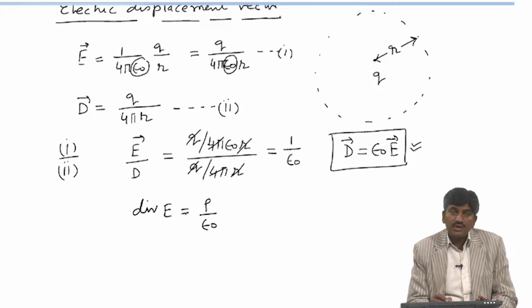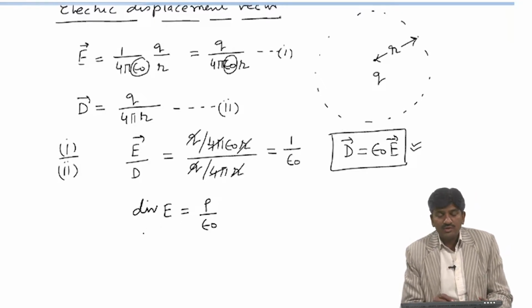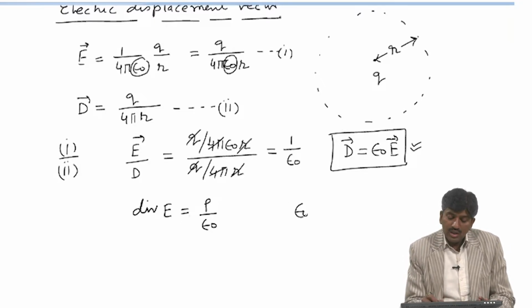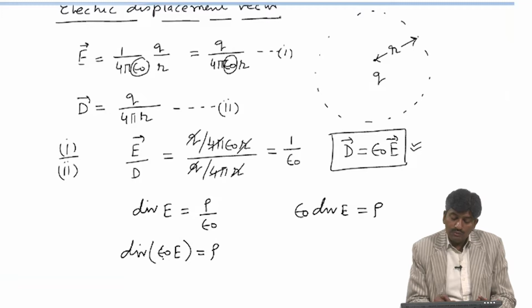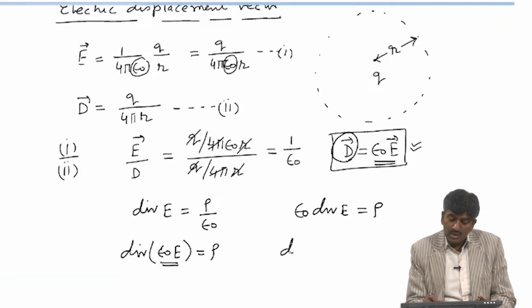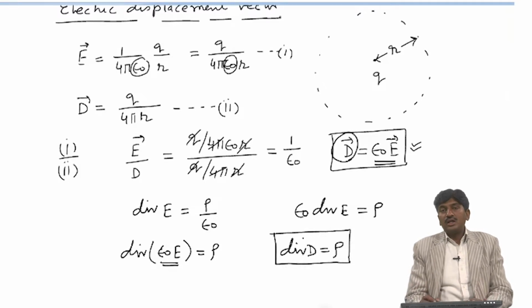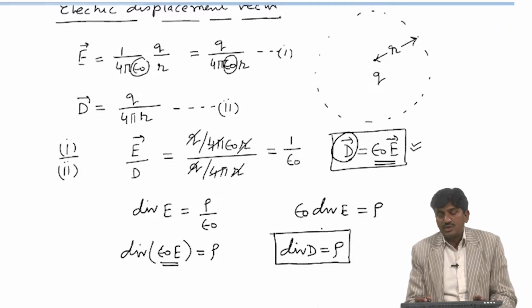This is Maxwell's first equation which we derived in the previous video, and we can write it as epsilon naught divergence E equal to rho, and also divergence of epsilon naught E equal to rho, and epsilon naught E becomes equal to D. So we can write divergence D equal to rho. This is the modified form, or another form, of Maxwell's first equation.